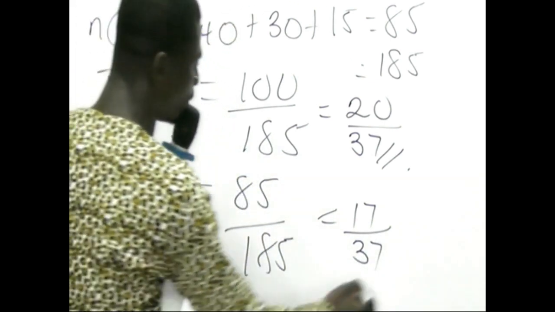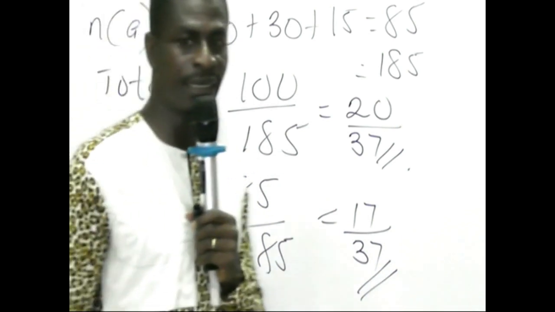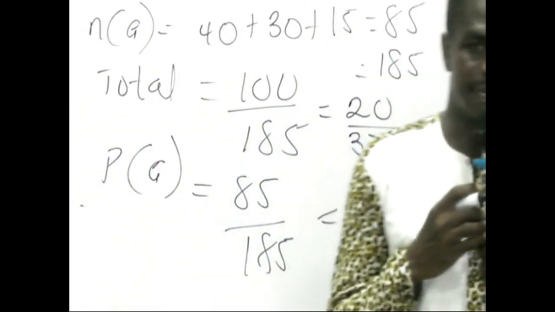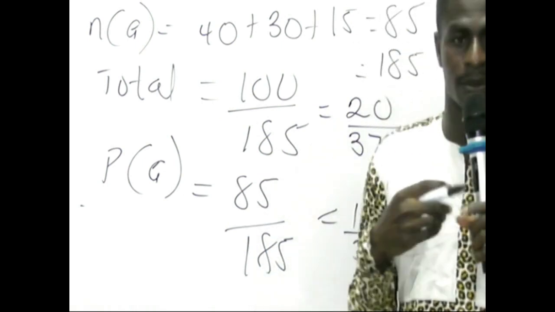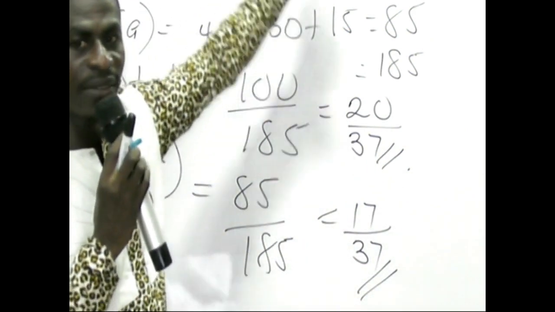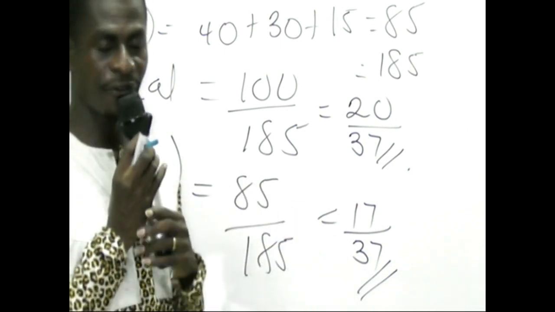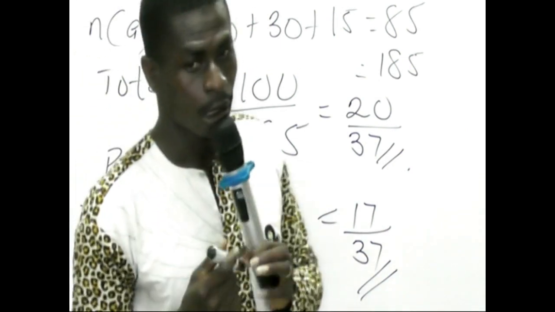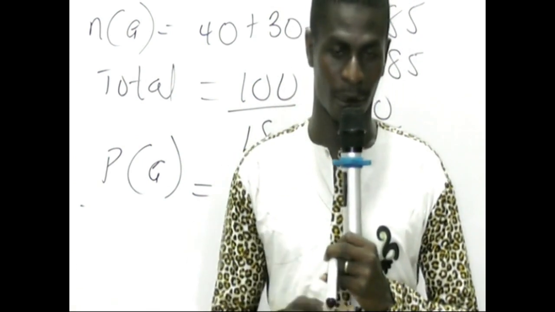And so the probability of girls, we are having 17 over 37 as the probability of girls in the class. And so the probability, you only pick the number divided by the total number, because probabilities are always fractions, and so you should take note of that. We move on to the next question under that.